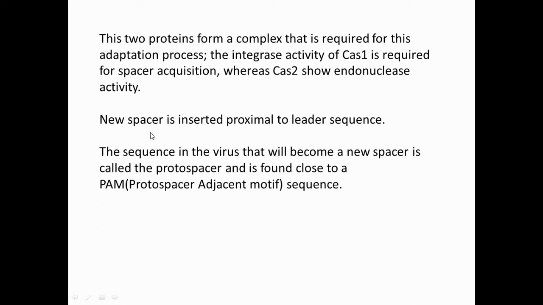So the spacer acquisition or the adaptation process is generally carried out by the Cas1 and Cas2 proteins. The new spacer is inserted proximal to the leader sequence, and the sequence in the virus that will become a new spacer is called the protospacer and is found close to a PAM, or protospacer adjacent motif, sequence.